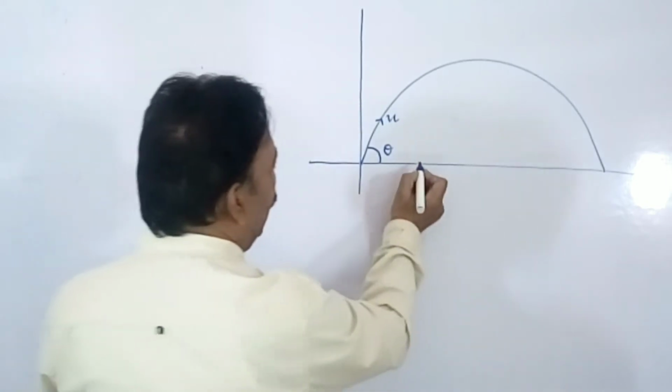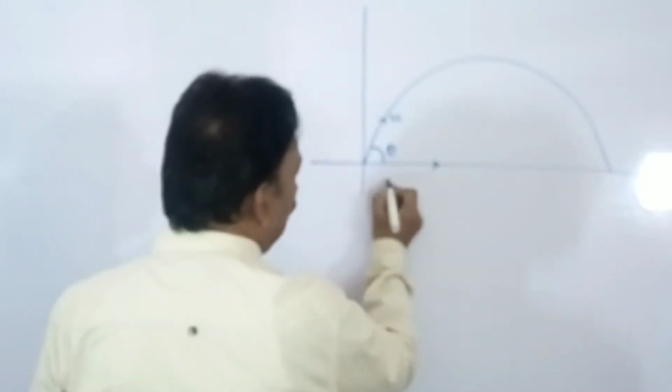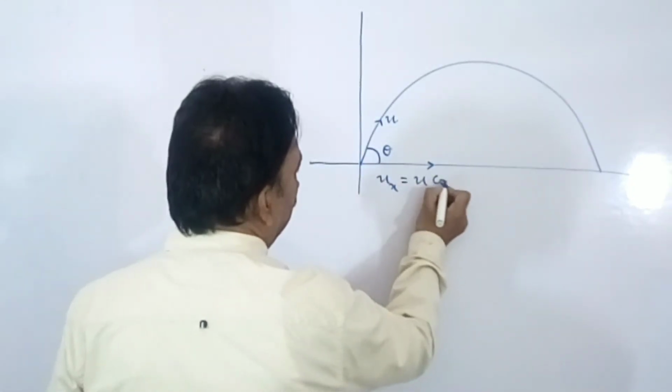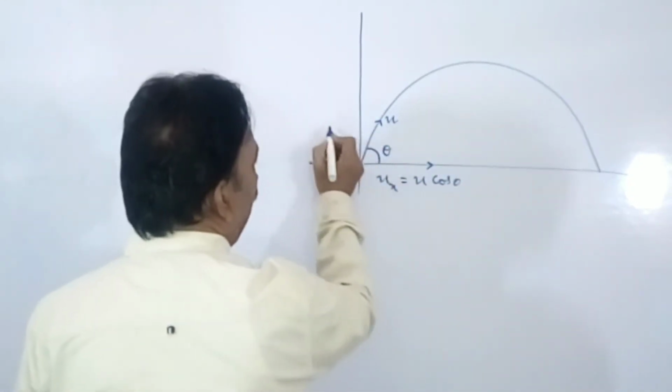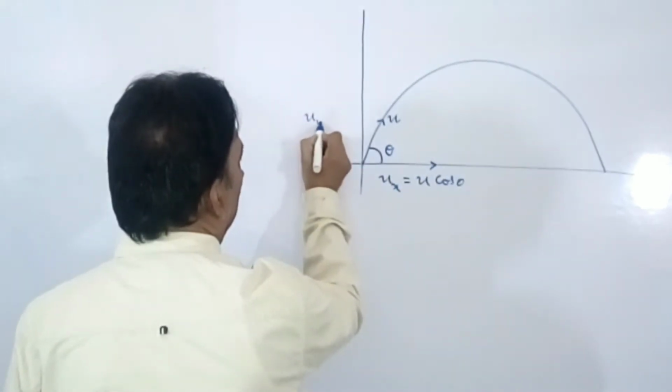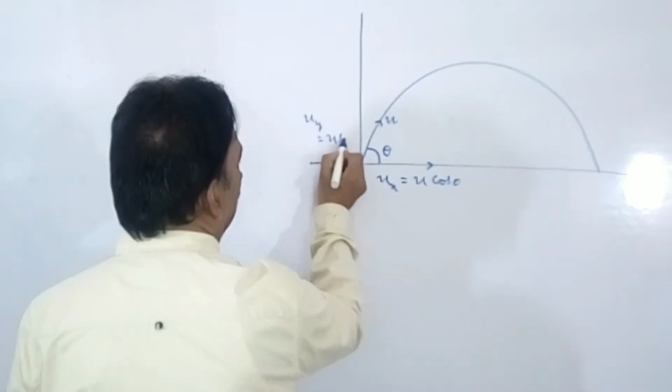Then we resolve the velocity into components along the x-axis and the y-axis. The horizontal component we call ux, which is equal to u cos theta, and the vertical component we call uy, which is equal to u sin theta.